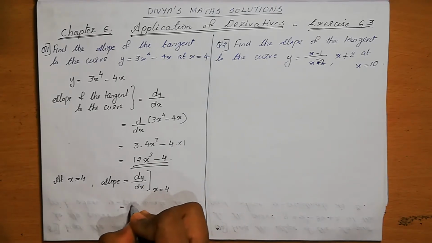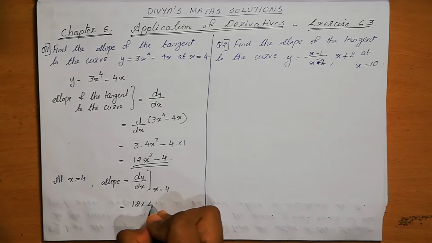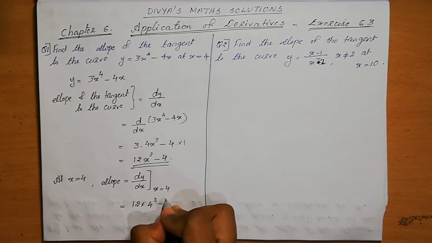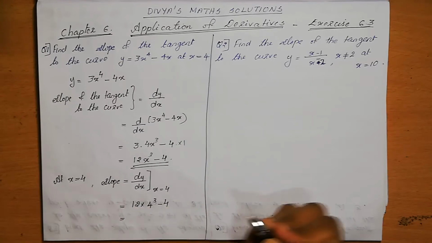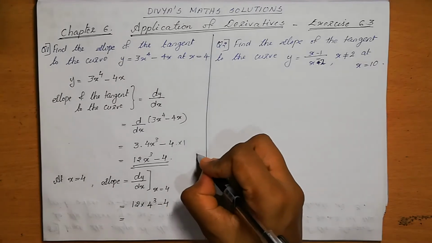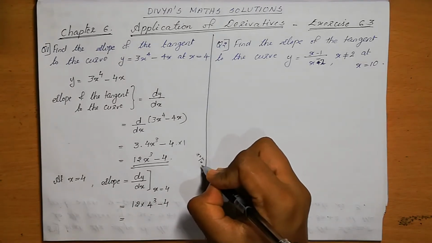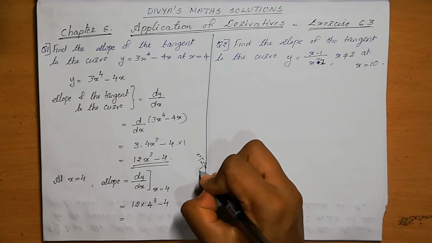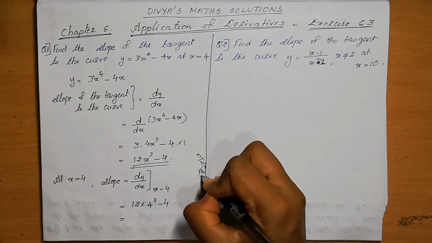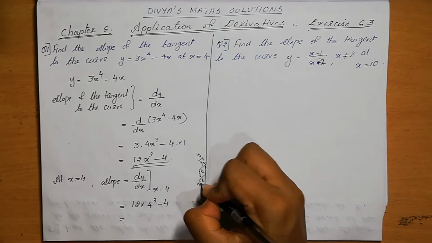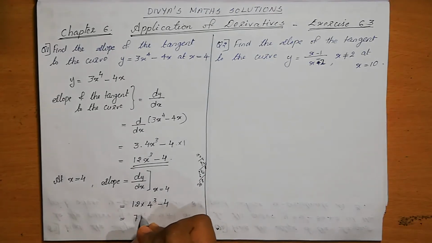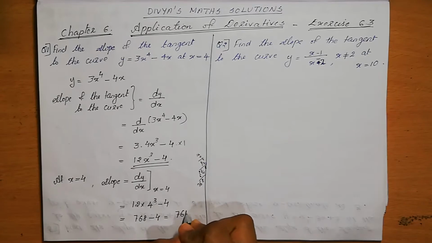That means this is equal to 12 into 4 cube minus 4. So 4 cube is 4 into 4 is 16. 16 into 4, 64. 64 into 12, 768 minus 4. That means 764.